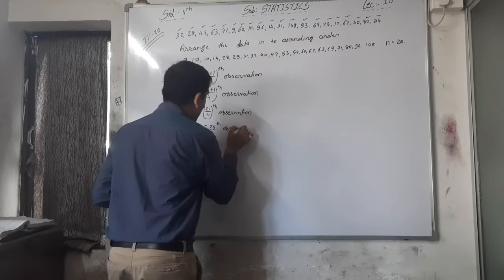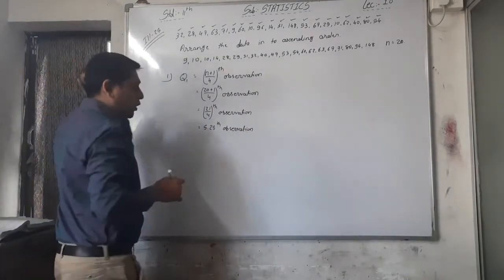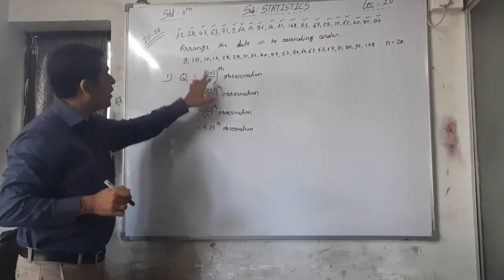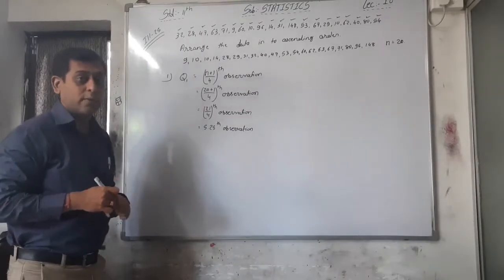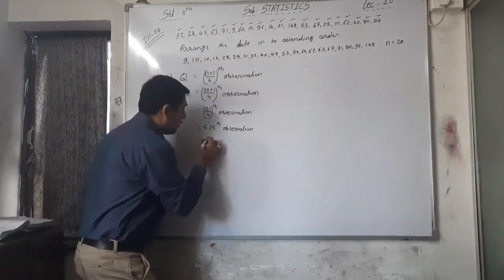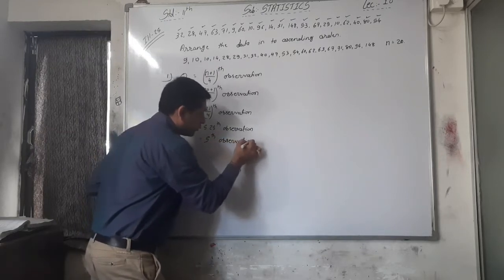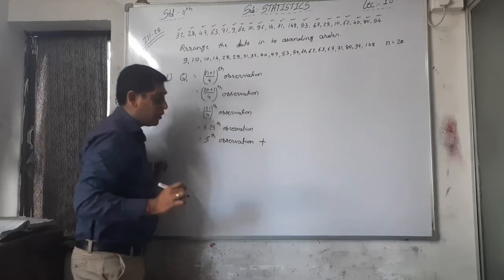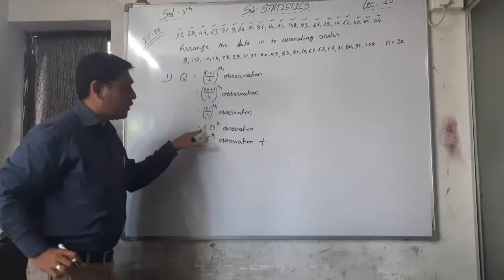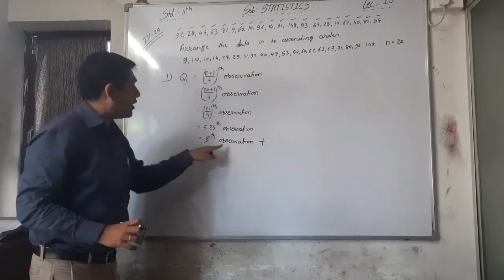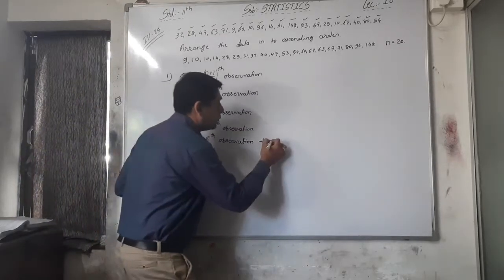Now one twist is there. The 5th observation is okay, you can find it, but 5.25th observation means what? You have to write the 5th observation plus, ignoring the main amount, that is 5, you write 0.25.